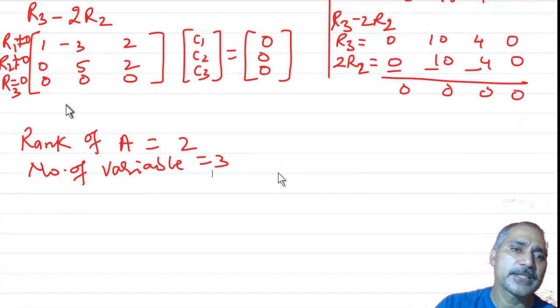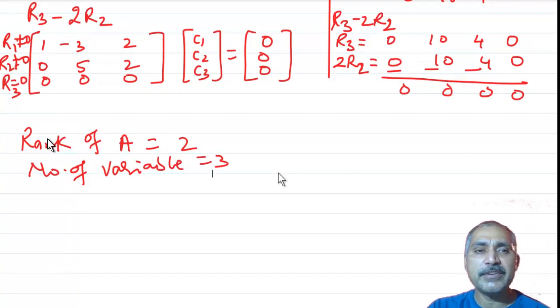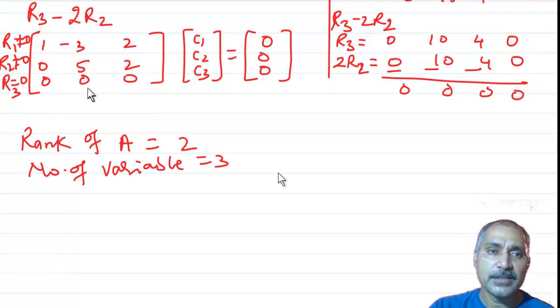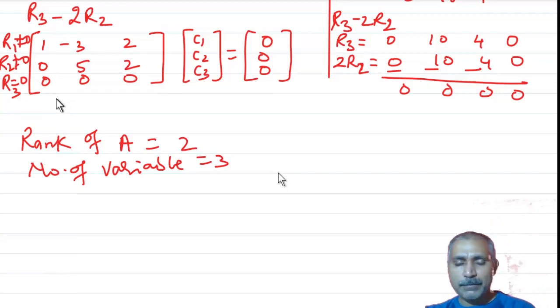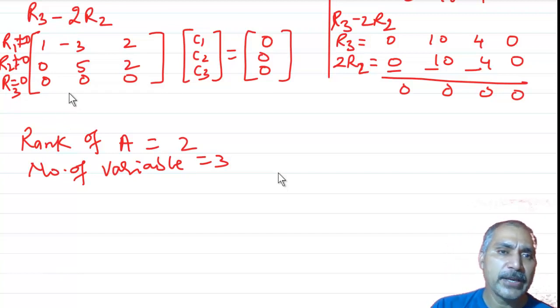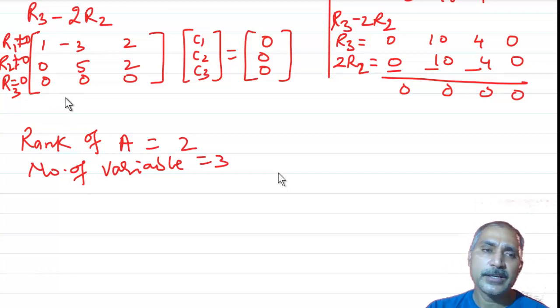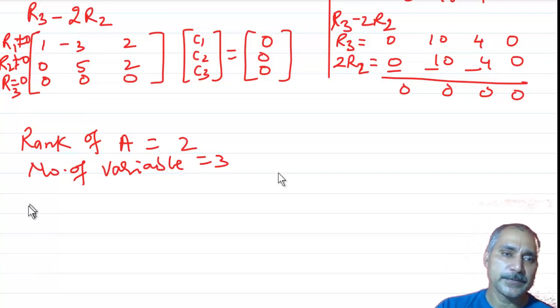And we say that the given system of vectors from which we have made this matrix is going to be linearly dependent.